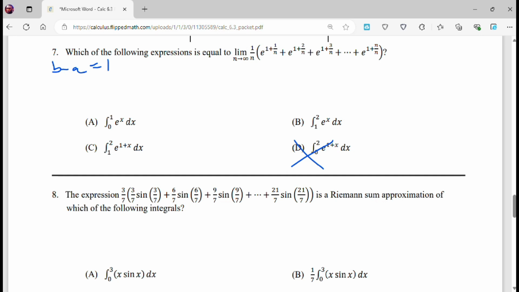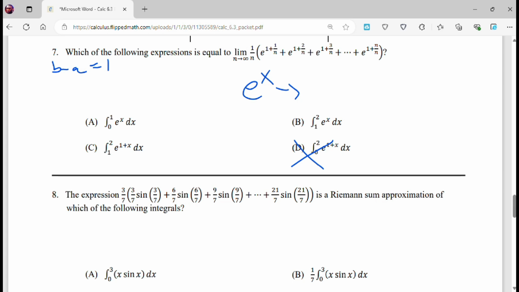Alright, well, let's take f of x as e to the x. And if that doesn't work, we'll try e to the 1 plus x. So e to the x, if we're going to do f of a plus b minus a over n, okay, so we could try A or B first. So let's try A. f of a is 0, right?